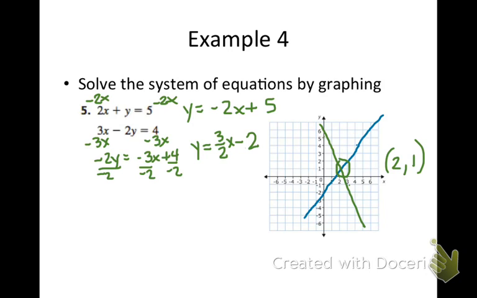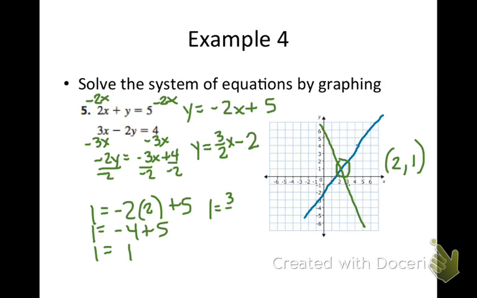So I'll get 1 is equal to negative 2 times 2 plus 5. And I'll get 1 is equal to 3 over 2 times 2 minus 2.